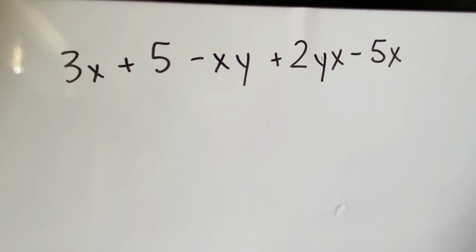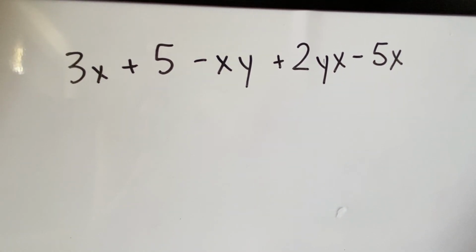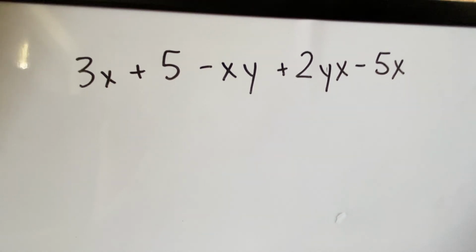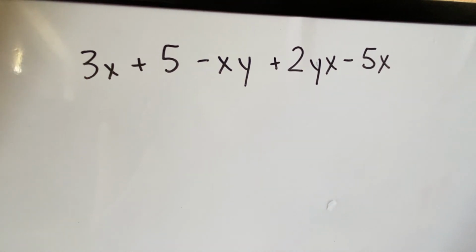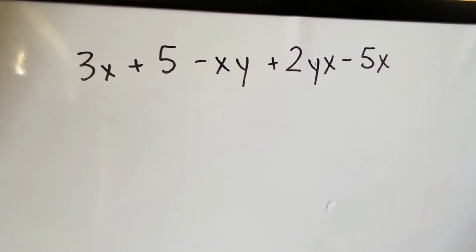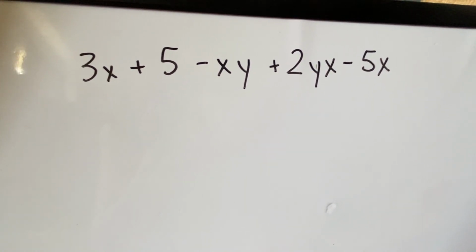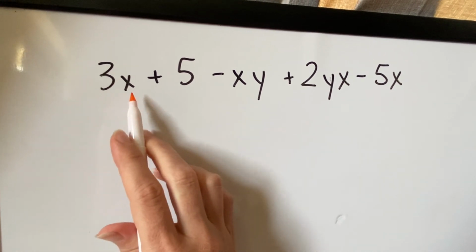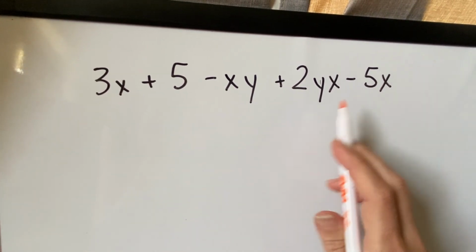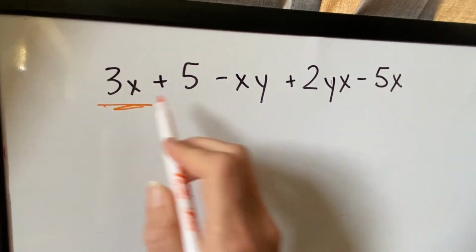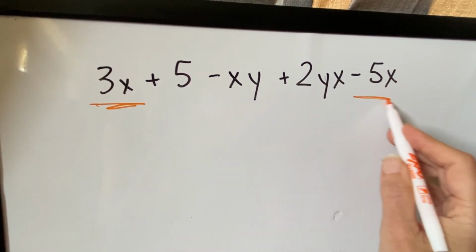Okay, so let me walk you through example 18.1 on page 80. The first thing I'm going to do is identify like terms, terms that are the same. So let's start with our x. Okay, so here we have an x times a coefficient. Here we have an x times a coefficient. This and this are like terms.